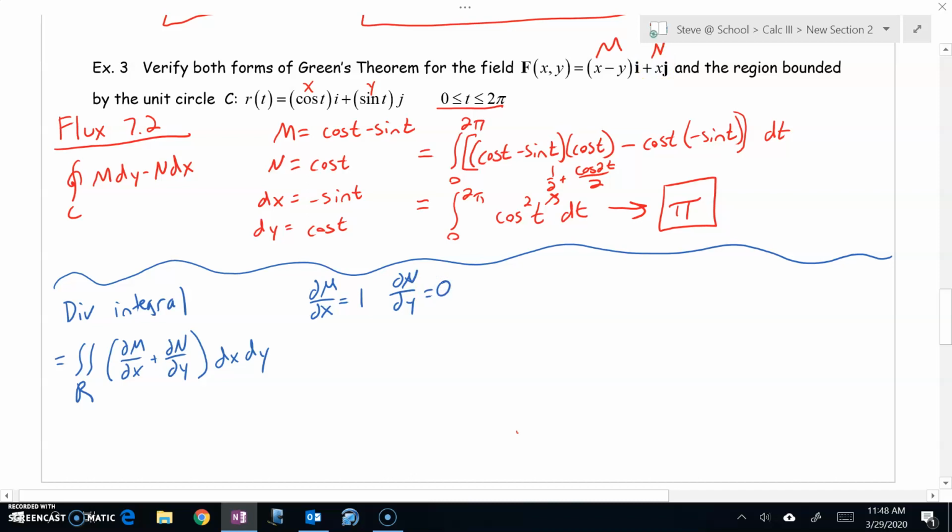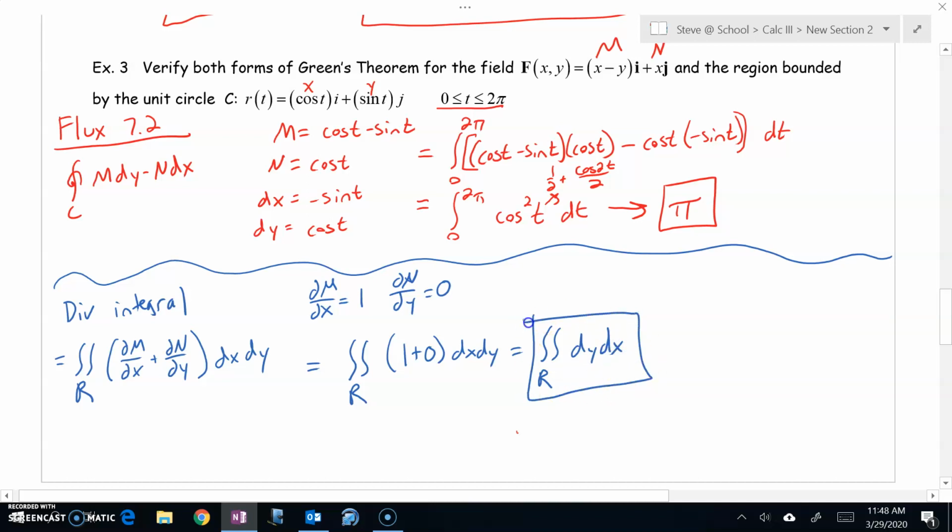So this integral turns into the integral over the region of 1 plus 0 dx dy, which is just the integral over the region of dx dy, or dy dx, it doesn't matter. What this means is this is basically finding the area of the region only. There's no other part to it.